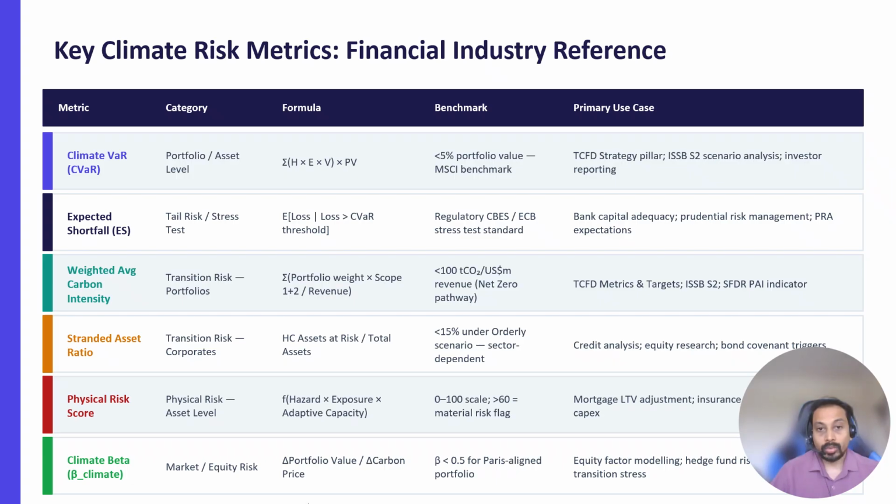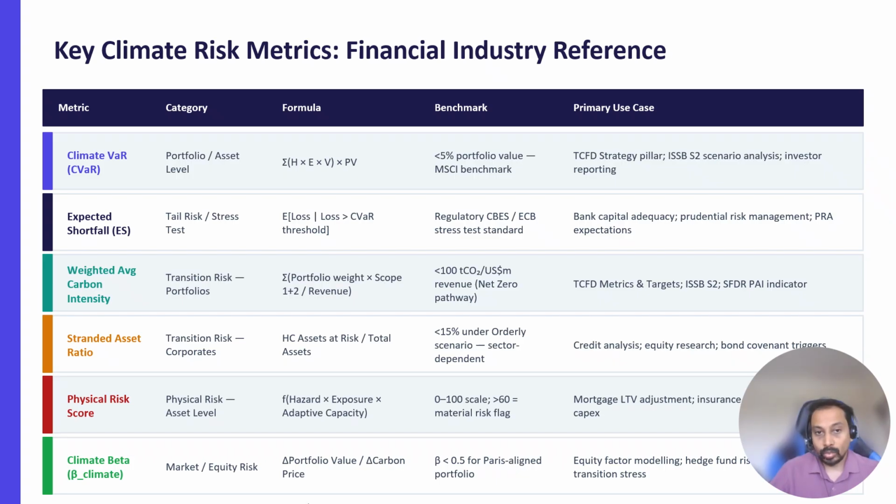I will go through each. Climate VaR, the core metric we just covered, is expressed in pound million or percentage of portfolio, and is used in TCFD strategy disclosures, and now it's also going to be disclosed through the ISSB S2 scenario analysis.